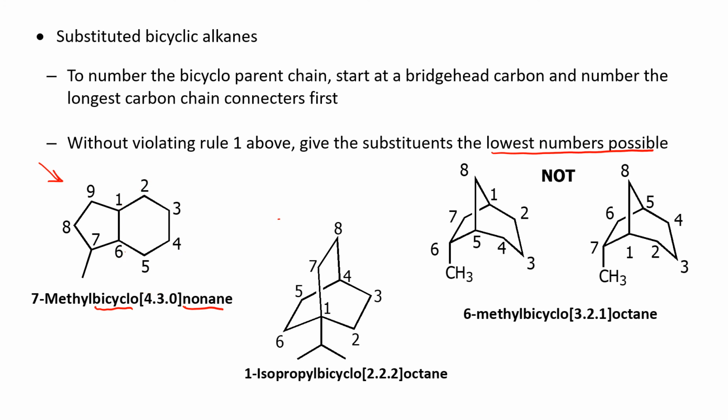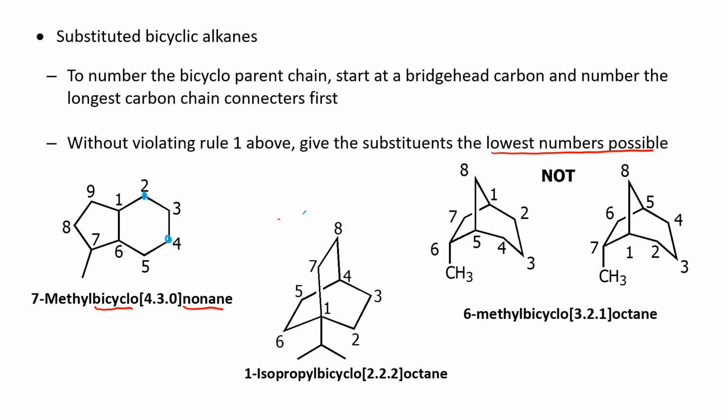If you look at each of the paths, I've got a path with 1, 2, 3, 4, or I've got a path with 1, 2, 3, and then the path in the middle has 0. So I need to start with the longest path. That means I got to count around this side.